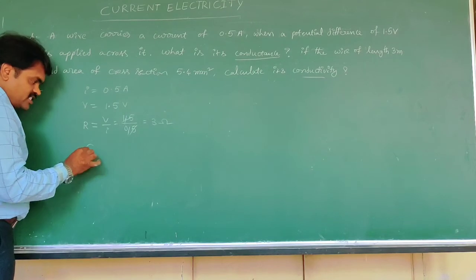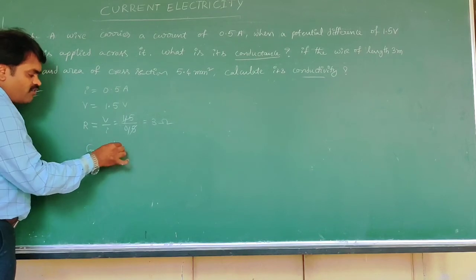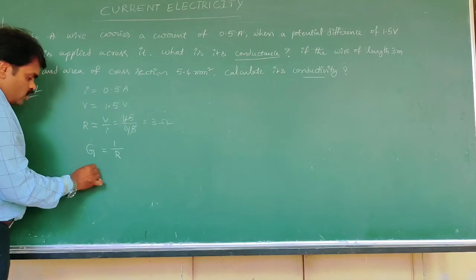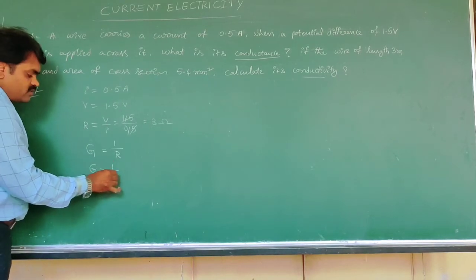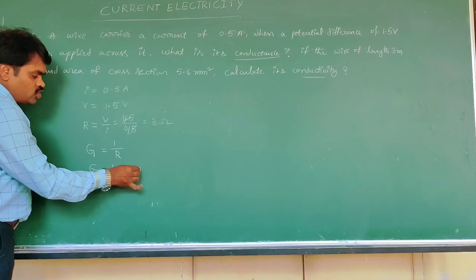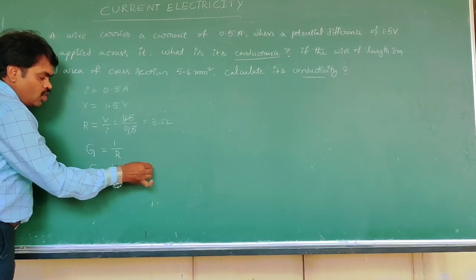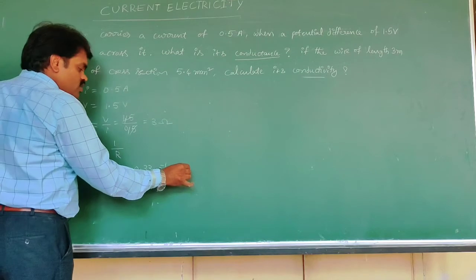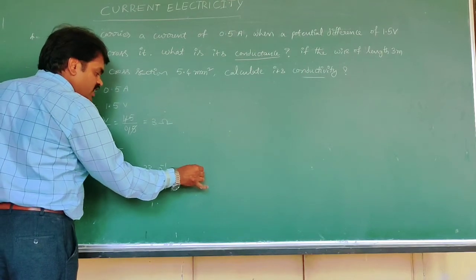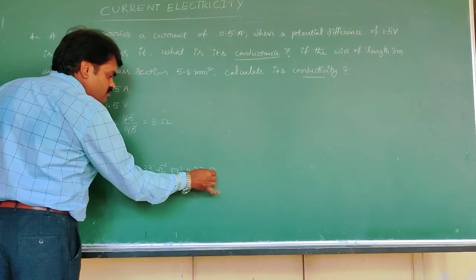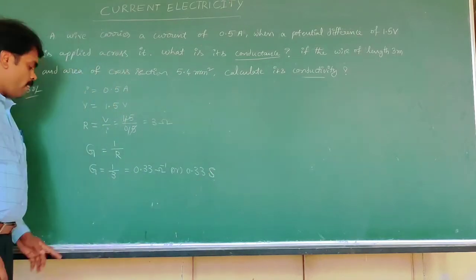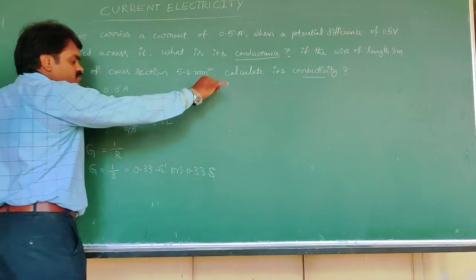Conductance is denoted as G. The reciprocal of resistance is called conductance. That is G is equal to 1 by 3. Dividing, what do you get? 0.33 ohm inverse, or 0.33 Siemens, denoted S.